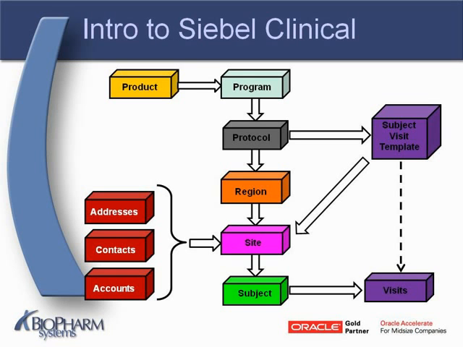Siebel offers a great deal of flexibility in defining user roles and what users can and cannot do within the system. So as I explain each of these typical job functions, keep in mind that they can always be modified and tailored to fit your organization.